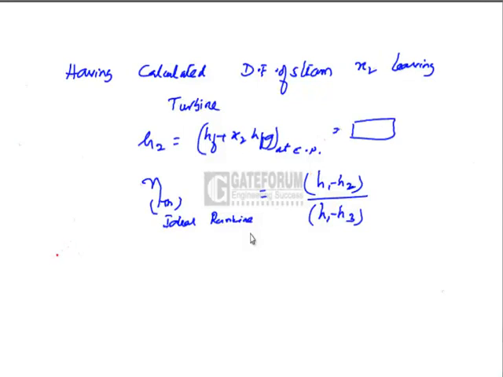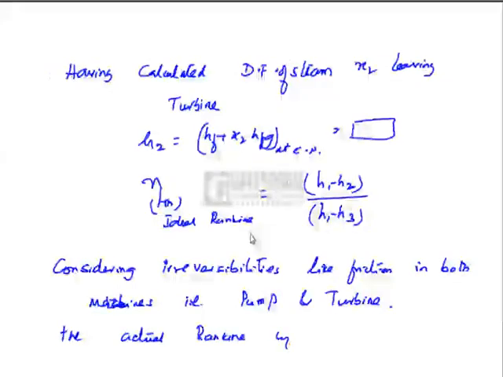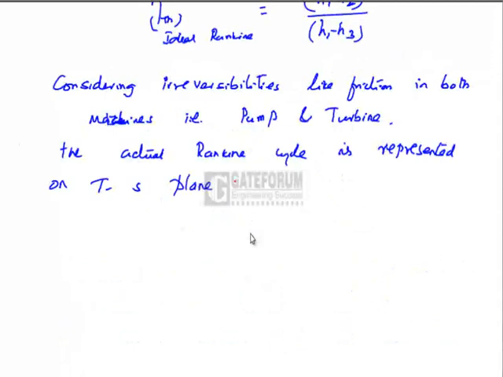Now, considering irreversibilities like friction in both the machines, that is pump and turbine, both are thermal turbo machineries, the actual Rankine cycle is represented on the temperature entropy plane as follows.